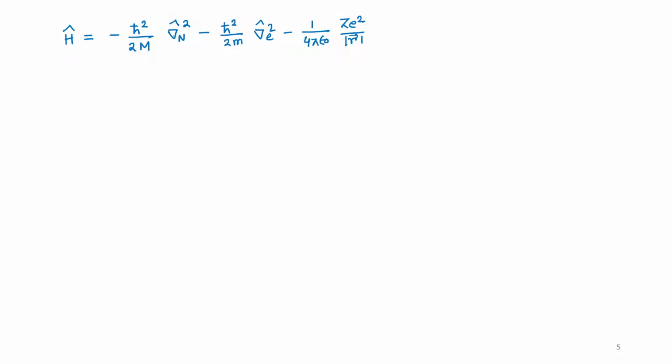Now, and del n I told you what they are. So if I have to think of this in terms of only one coordinate, then it looks something like this.